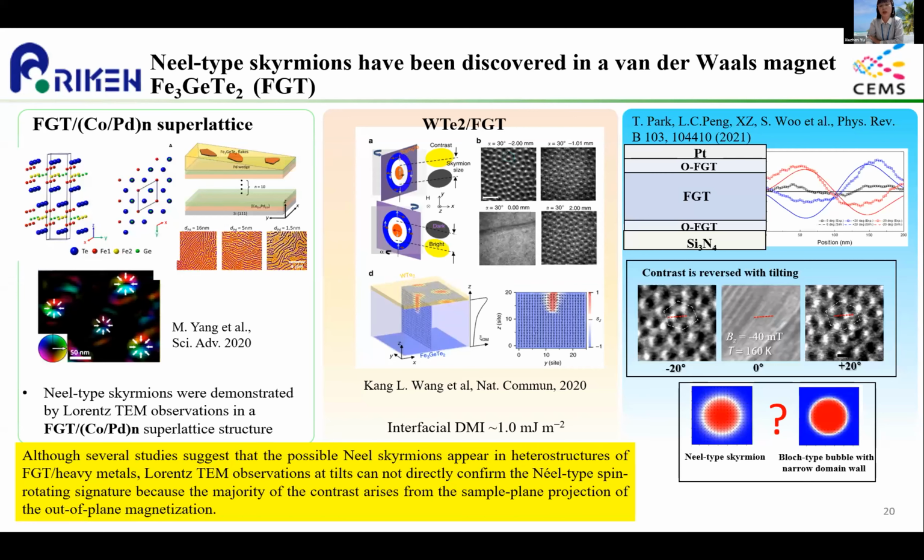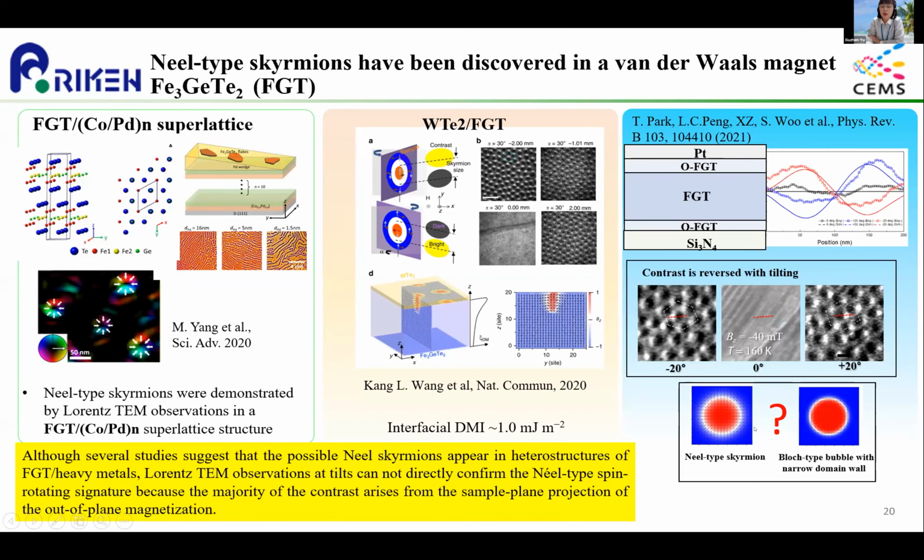But the question is, there are many puzzles. Many works confirm this Néel-type skyrmion by using Lorentz TEM. But Lorentz TEM cannot directly identify the Néel-type skyrmion and the Bloch-type bubble with a narrow domain wall, because both magnetic structures show no contrast at zero tilt angle.